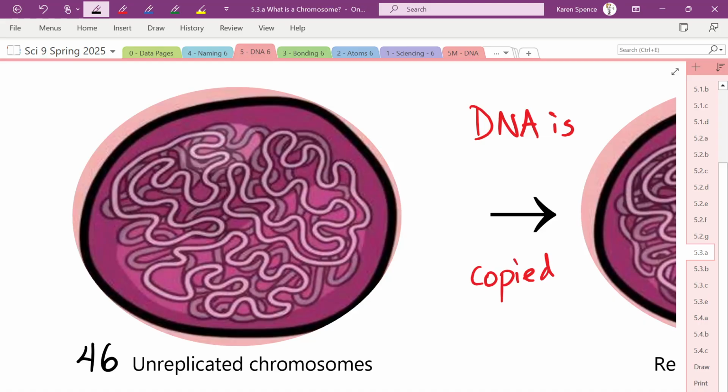Now show me a replicated chromosome. You put your wrists together and point your fingers out to the side. That's a replicated chromosome. What does it mean to replicate? Replicate means copy. These two are identical.